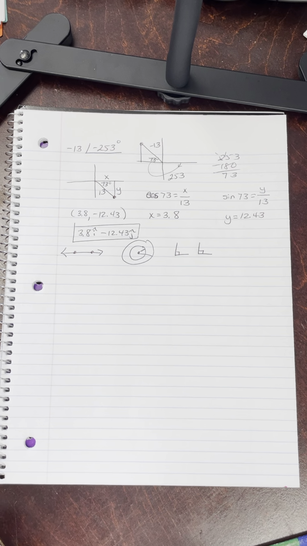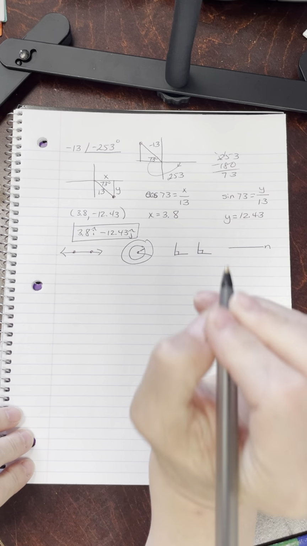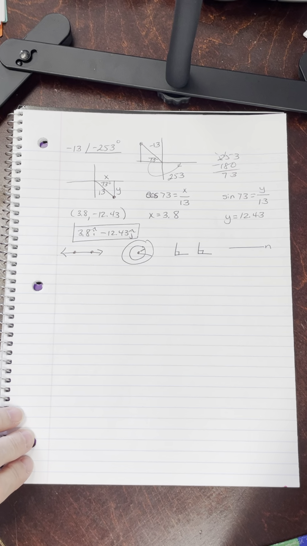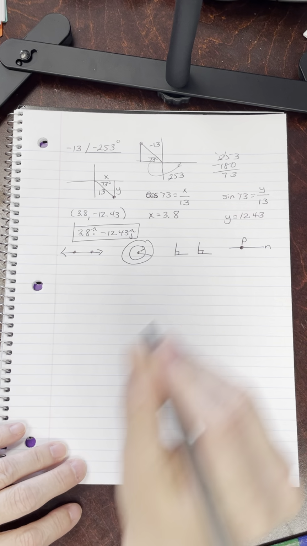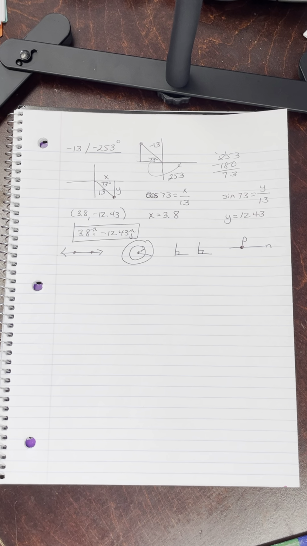Given a line N and a point P, oh, I should label that P, one and only one exists in the plane of P and N, and through P, one and only one line M, which does not meet the given line N. Okay, that was wordy.